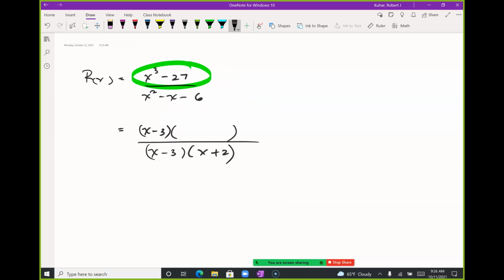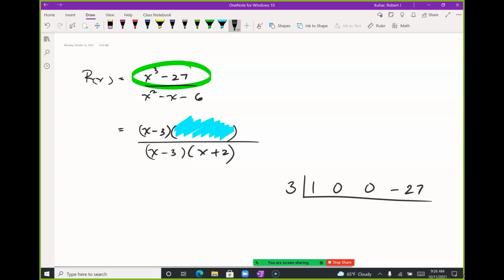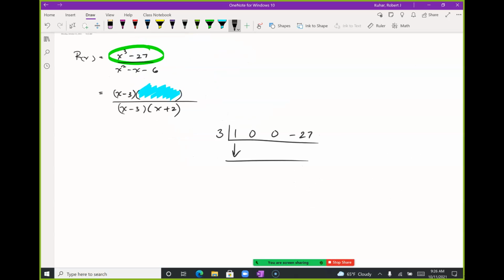In order for me to get this missing factor, I'll do synthetic division. I'm going to try 3 into 1x cubed, 0x squared, 0x minus 27. Bring down the first leading coefficient, multiply, add, multiply, add, multiply, add.